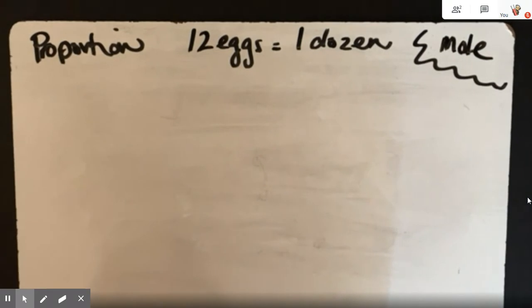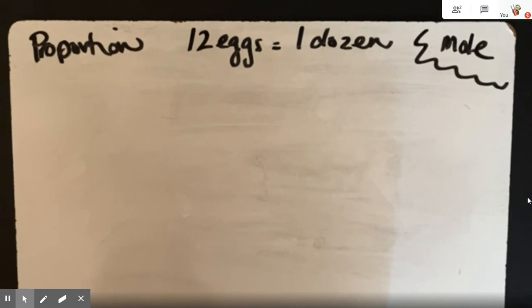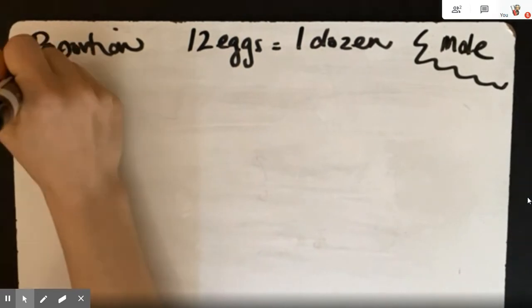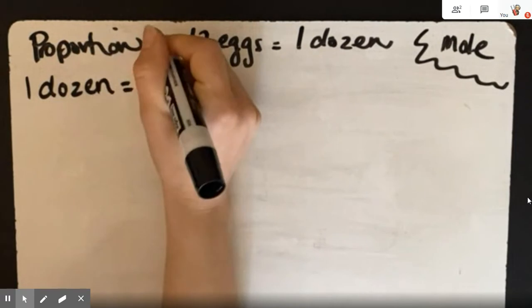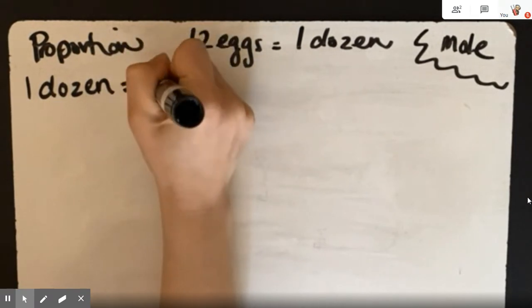So we'll start with dozens because that's what we're familiar with, and then we'll transition into how this is important to chemistry. So proportions can be used to answer all kinds of questions, but you need to know a relationship to help you first. Imagine that I told you that 1 dozen eggs weighs about 600 grams.